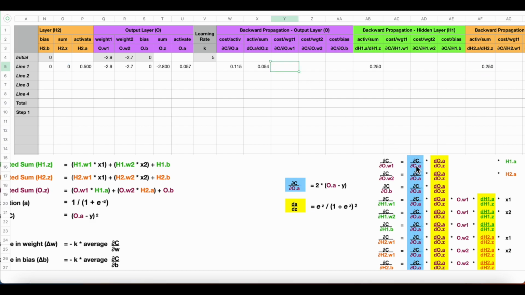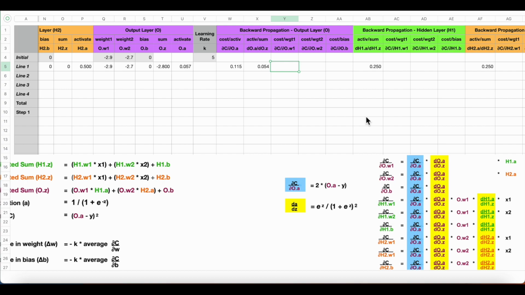You'll notice that we're going to repeat the factors of the partial derivative of cost with respect to OA times the derivative of OA with respect to OZ in every single formula.